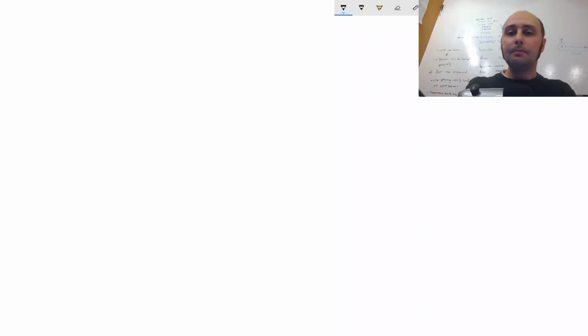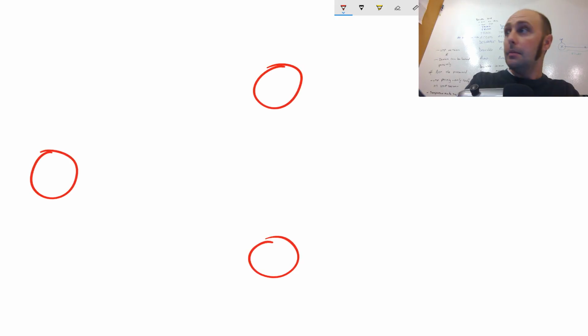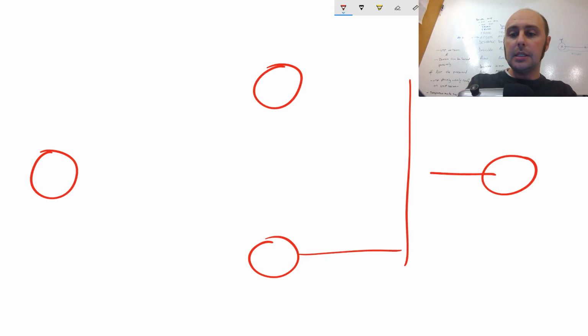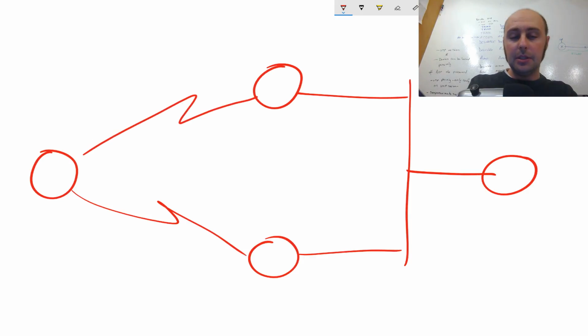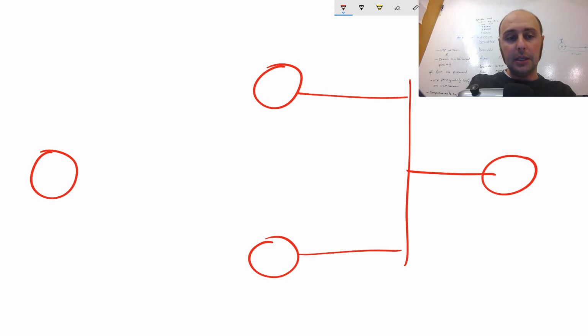So here is my topology, and I'm putting myself in the upper right. Here, this is a multi-access segment, and these are serial links. I guess actually they're not serial links, they're Ethernet links.